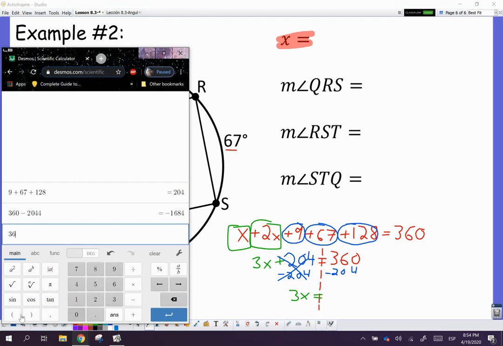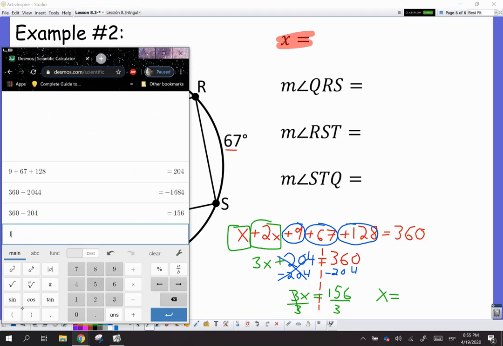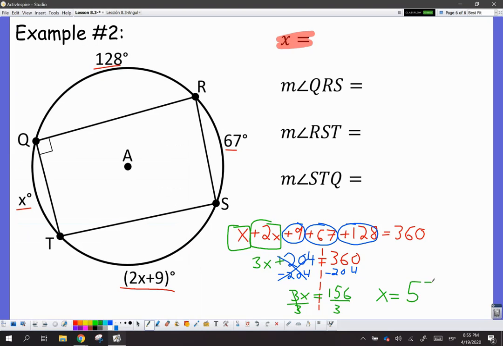Let me try that again. 156. And finally, to get rid of the 3, I divide by 3. So 156 divided by 3 is 52. So x here is 52. Excellent. So let's move on to the next part.